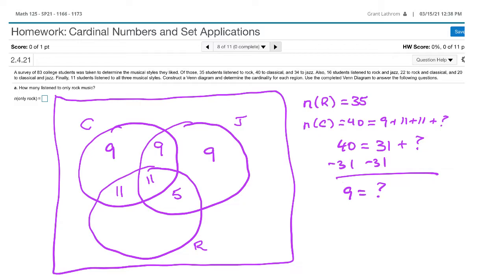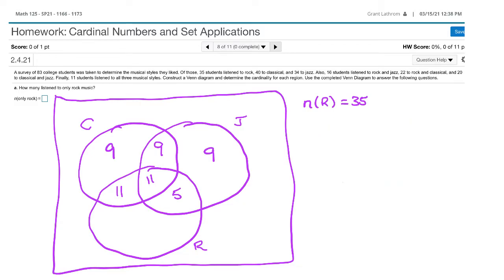Now, let's do rock. For rock, we have a total of 35, but we have accounted for 11, 11, 5, and then the unknown amount that are out here in this region. So what happens? Again, we just add things up.